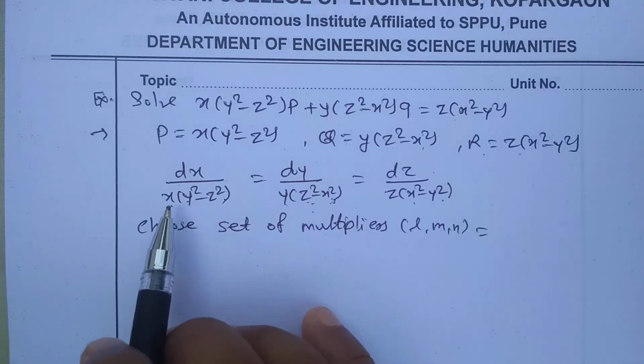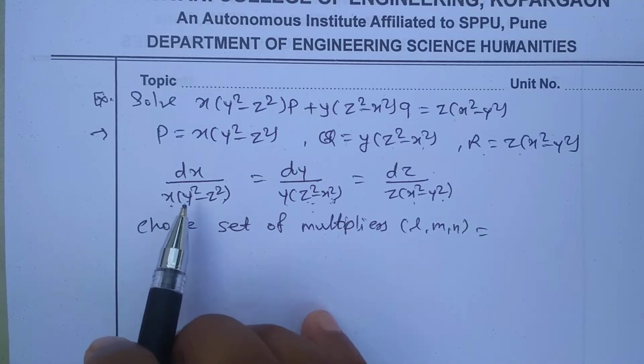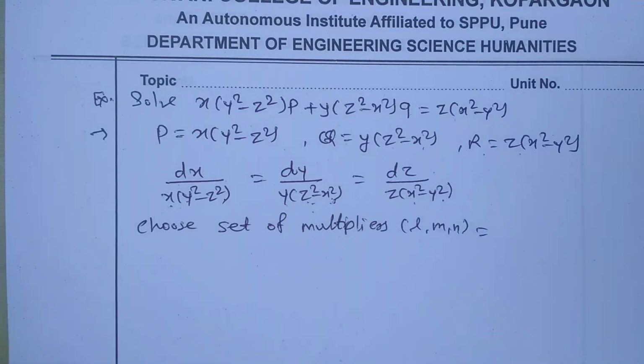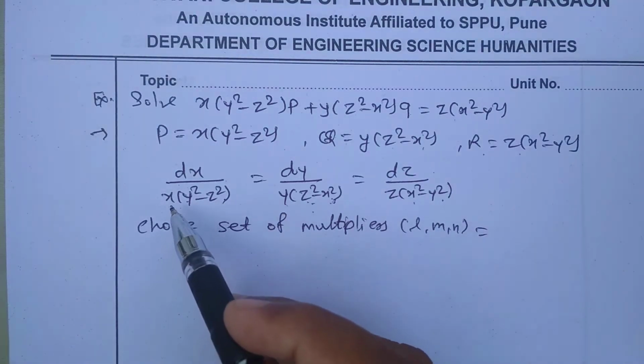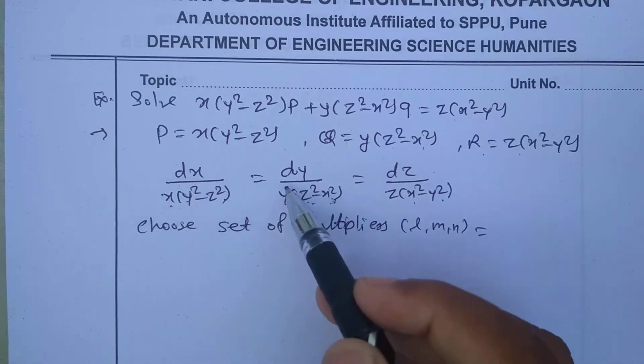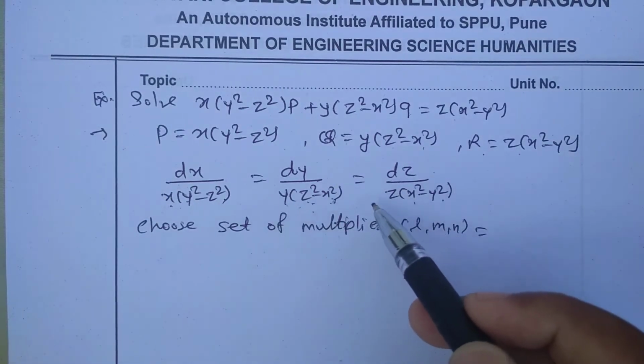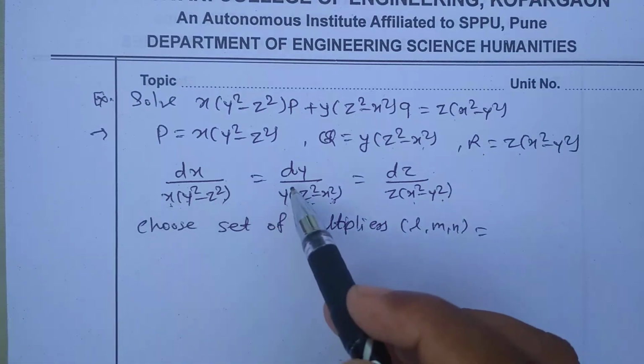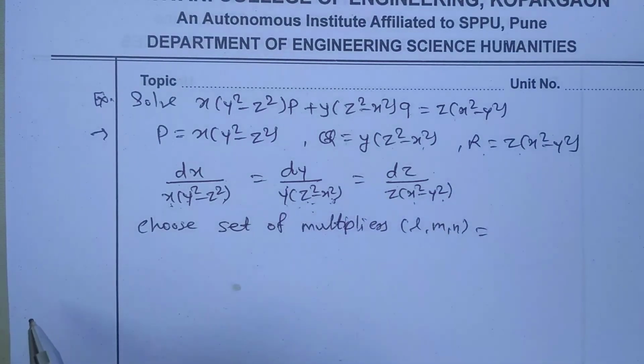That means to make the power of x here as 2, try to multiply here by x, try to multiply here by y, and try to multiply here by z. See what happens if you multiply this term by x, this term by y, and this term by z. So outside the bracket here it becomes x square, here it becomes y square, and z square.